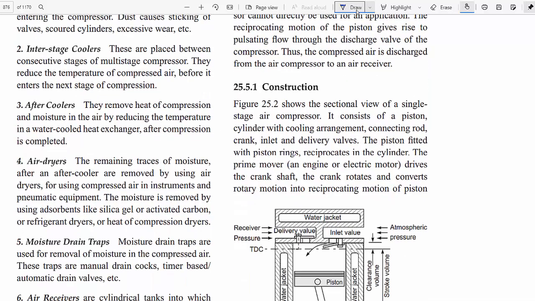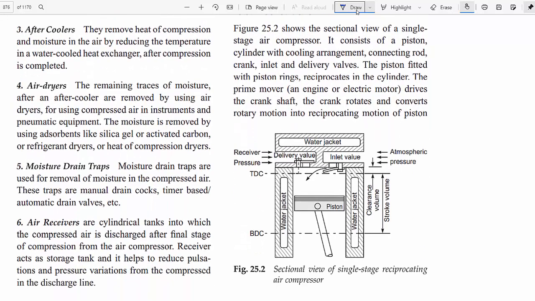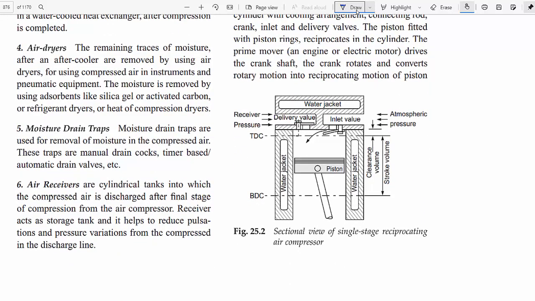Then the single acting reciprocating compressor, single acting or single stage. Here the inlet valve and exit valve are there. The piston is there and water jackets are available, because during compression high pressure is created and pressure is directly proportional to temperature, so temperature also increases.